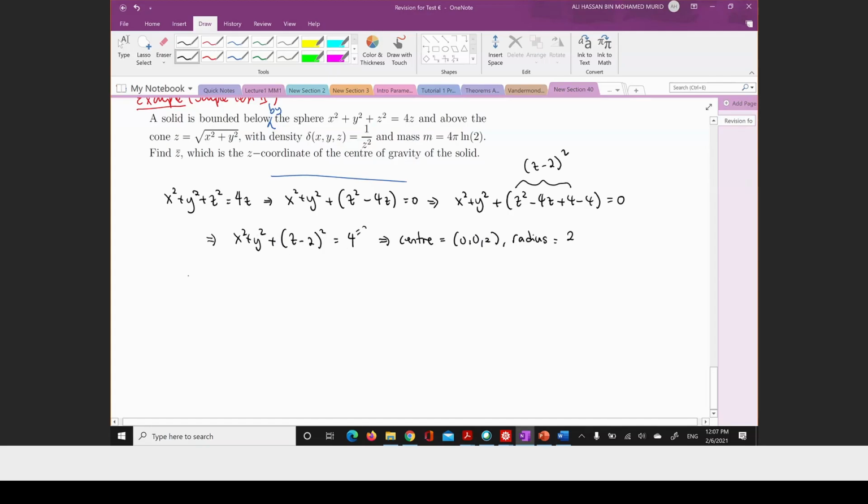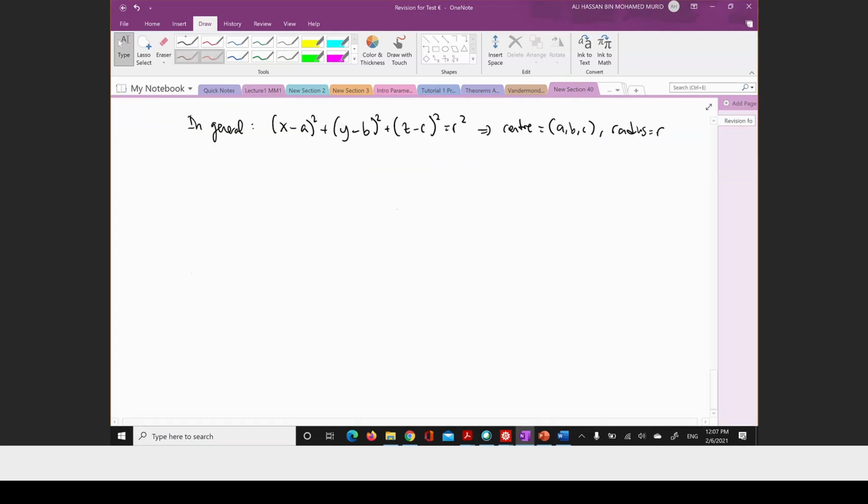See, in general, this is the equation of a sphere with the center at (a, b, c) and radius R. This is the general equation of a sphere. So we have a sphere.